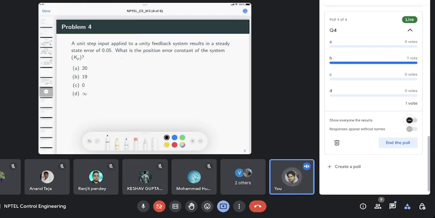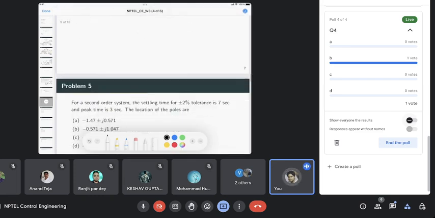The formula for steady state error is 1 by 1 plus kp, equal to your steady state error value, which is 0.05, and you simplify it. 1 plus kp will be equal to 1 by 0.05, which is 20, so your position error constant kp is 20 minus 1, 19, right? 19.